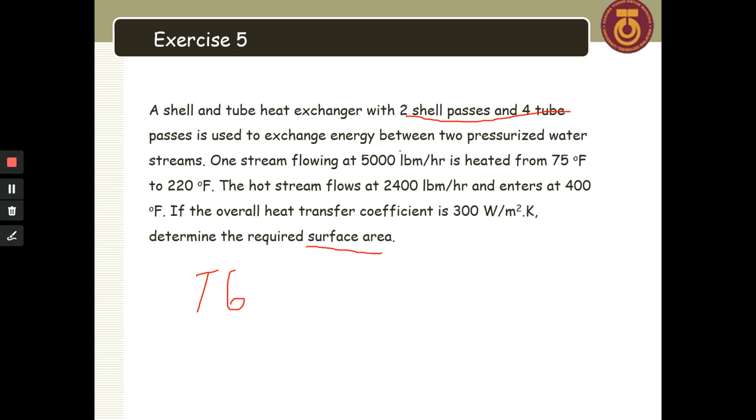The only difference is that it uses the British unit. Secondly, only the inlet temperatures are given, 475. The outlet temperatures are not given. So for exercise 5 you can refer to tutorial 6B only, which means it uses the NTU method.